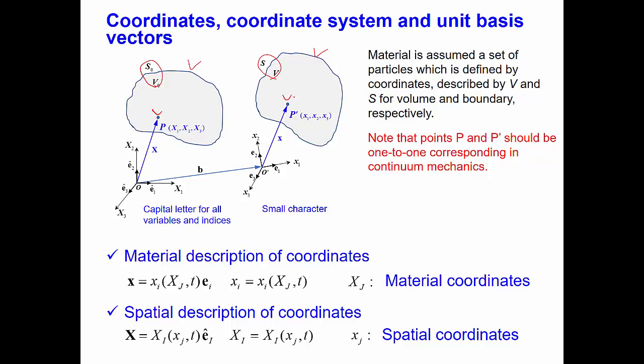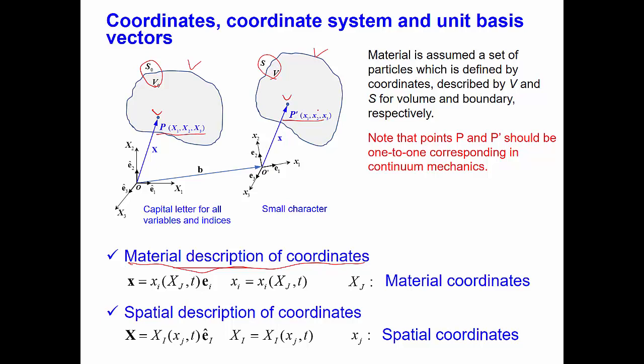Of course, there are two ways of describing the material and its deformation, which can be identified by the position of particles. The position, that is, coordinates of particles, can be identified in two ways. The first way is based on the initial configuration and initial coordinate system, which is described by X1, X2, and X3, and called the material coordinate system.